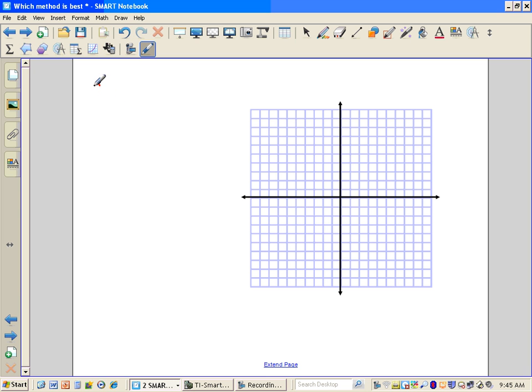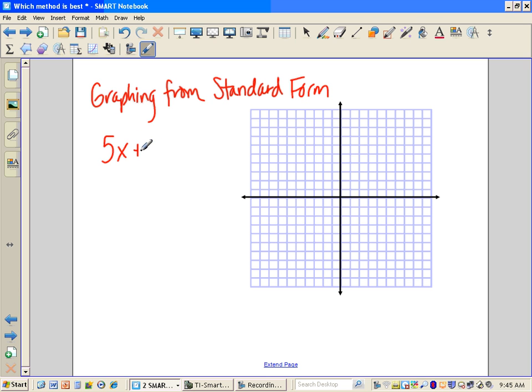Let's write that up here. Graphing from standard form. So what that means is you're going to have two equations, but they're going to be in that ax plus by equals c form. For example, if I have 5x plus 2y is equal to 20, or x plus y is equal to 7.